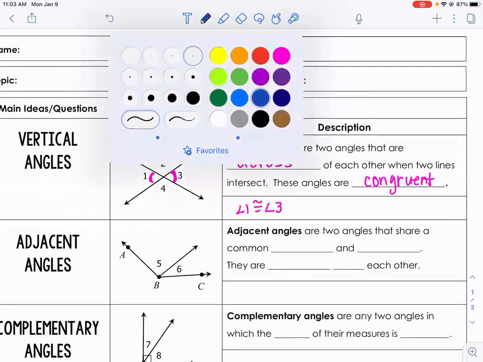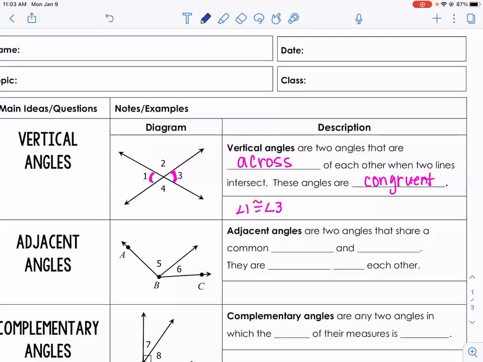Can anybody recognize another set of vertical angles in the picture? Or is it just 1 and 3? 2 and 4 are also vertical angles from each other. So we know that angle 2 is congruent to angle 4 since they're vertical.